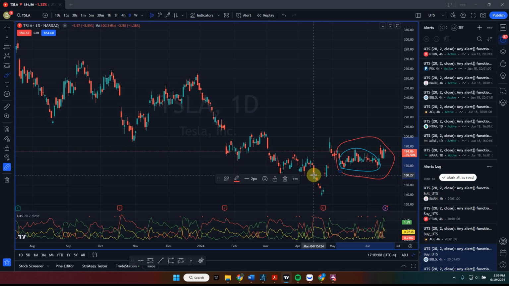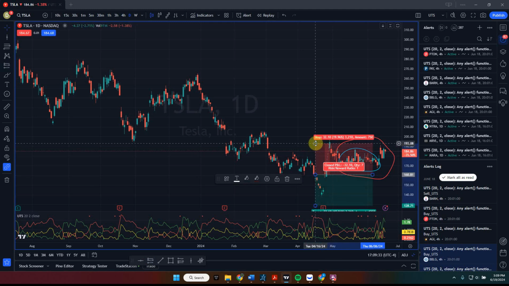But when it finally gains momentum, we could see how far the trade actually went, and depending on your risk to reward ratio, you'll be able to set the target that you're heading for. And once your take profit hits, you get out of the trade as soon as possible.